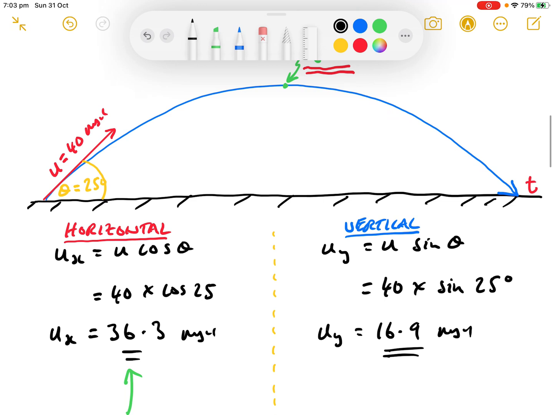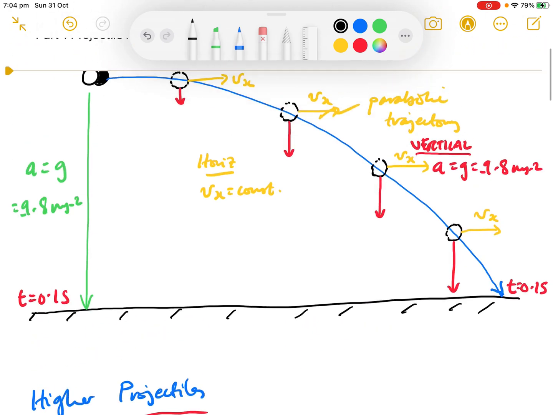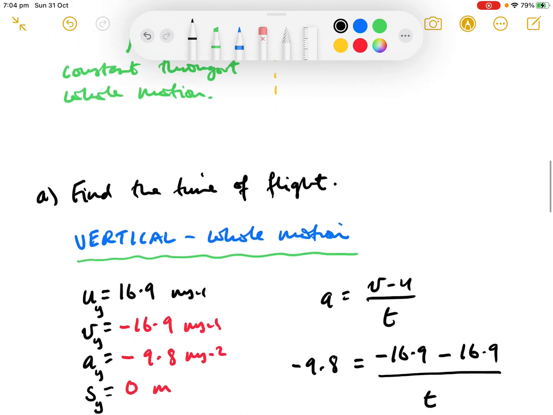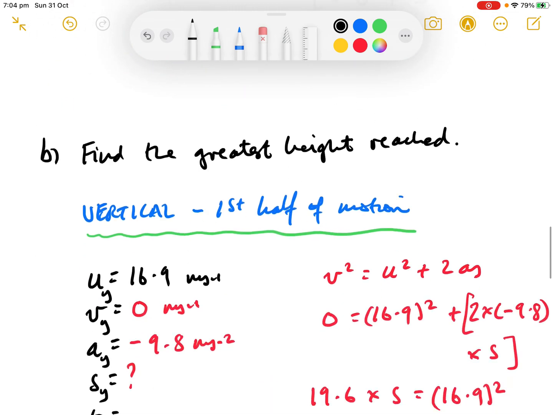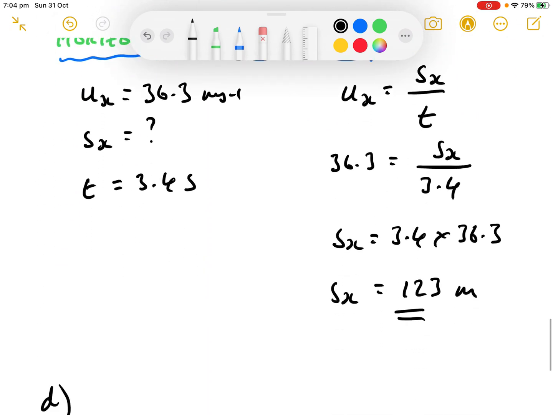If you were asked what's the resultant velocity just before hitting the ground, you could just look at the scenario here and say, well, it's 40 meters per second at 25 degrees above the horizontal, so I don't think there's any need to work that one out. Right, well, there we are. So those are the sorts of approaches you would need when dealing with an angled launch projectile.